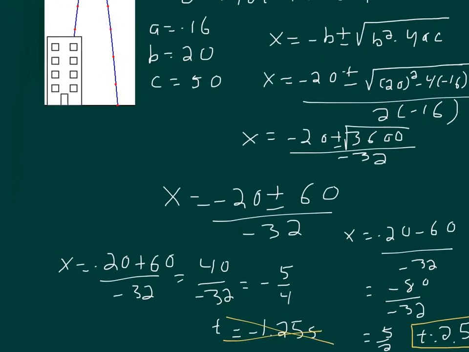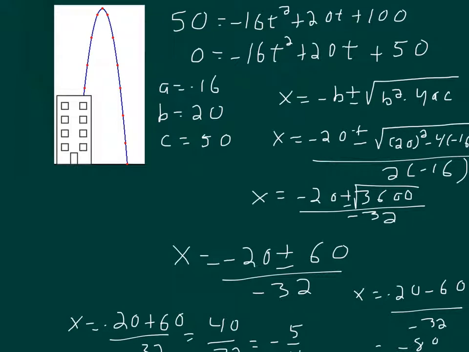What the negative 1.25 would be is, instead of throwing the ball upward, if it was moving backwards, when would it go back to being at only 50 feet above the ground? That's why it would be negative 1.25 seconds. Instead, it's going to go up, come down, and that's going to be the value that we want, the 2.5 seconds. So, to answer our original question, after 2.5 seconds, the ball will be 50 feet above the ground. All right, hope this is clear.